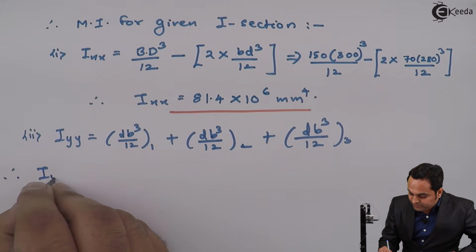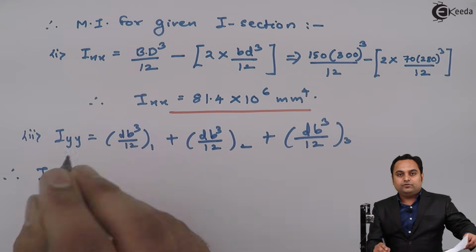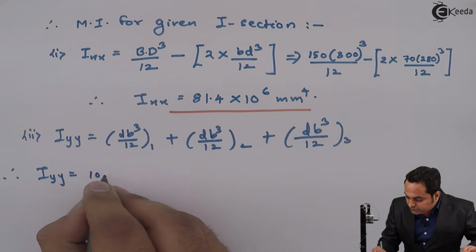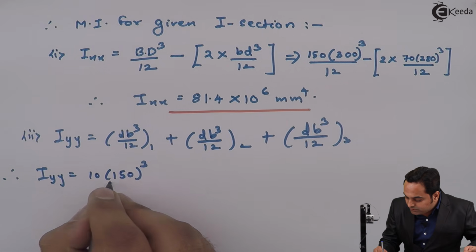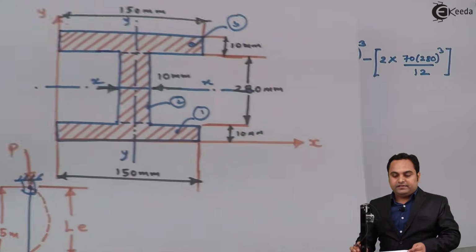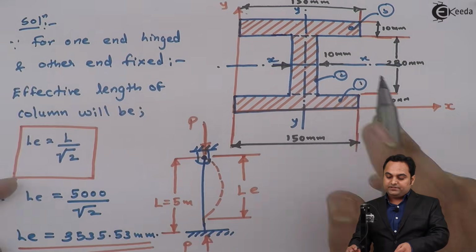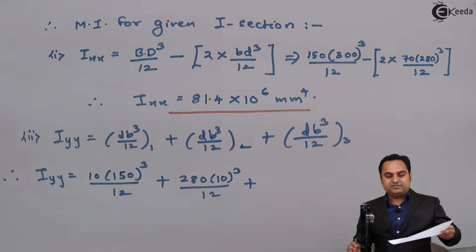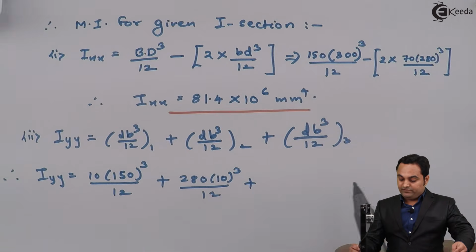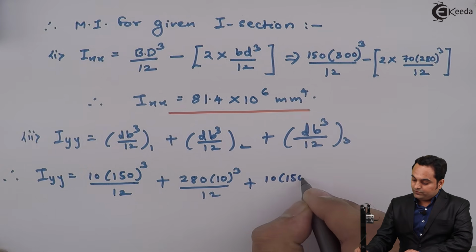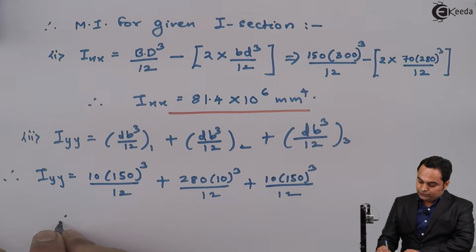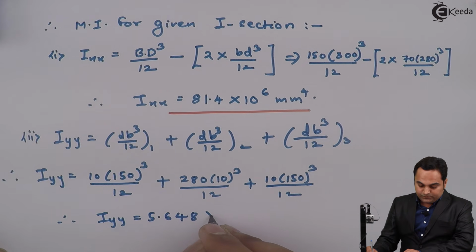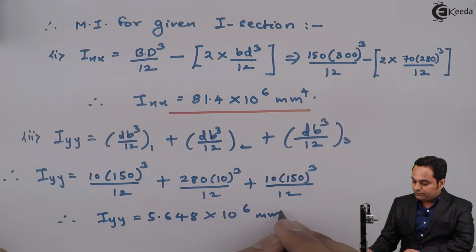Therefore Iyy will be D and B values. For the first rectangle, D is 10, B is 150, so 10 into 150 cube by 12. For the second rectangle, D is 280, B is 10, and for the third rectangle it is the same as the first: D is 10, B is 150, 10 into 150 cube divided by 12. So here I get Iyy, the answer is 5.648 into 10 raised to 6 mm raised to 4.